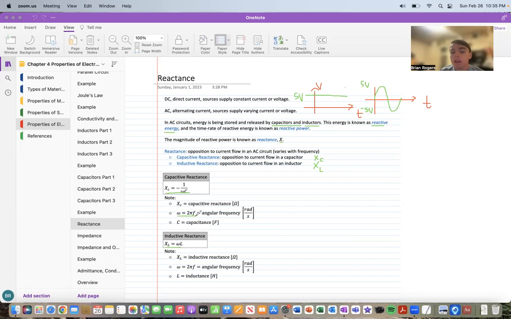Using these equations, you will be able to find the appropriate reactance based on the capacitors and inductors you have within the circuit.